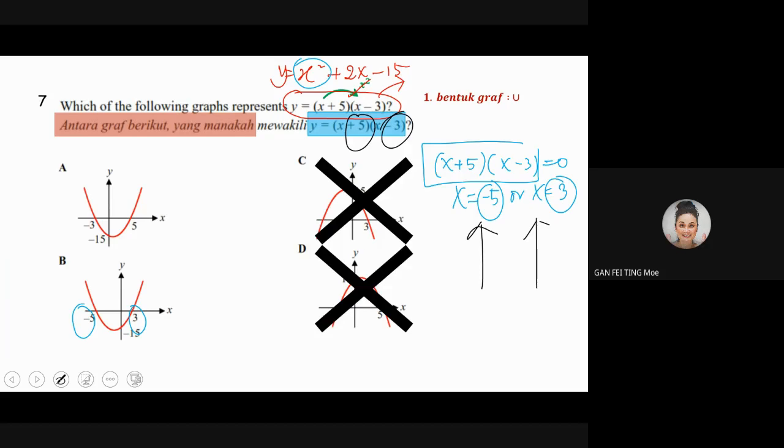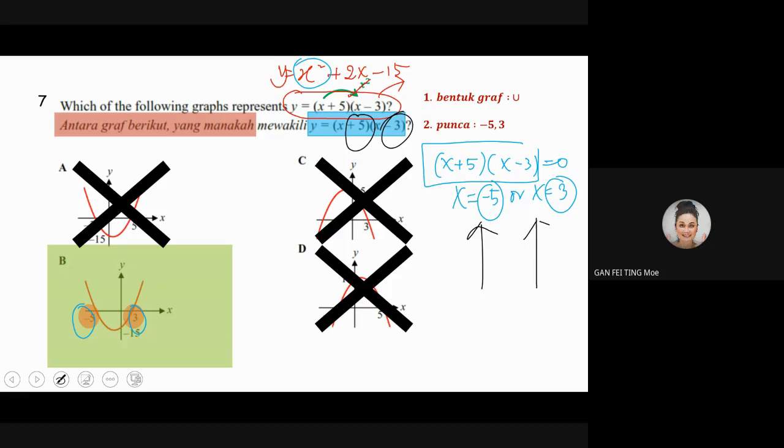If you are familiar with pressing the calculator to get the roots of your quadratic equation, then this one shouldn't be a problem. So the roots will be -5 and 3, which are the values on the x-axis. Then you cross out A. Your answer is B. As easy as that, right? Do you think it's easy? Very easy, right? So then we continue.